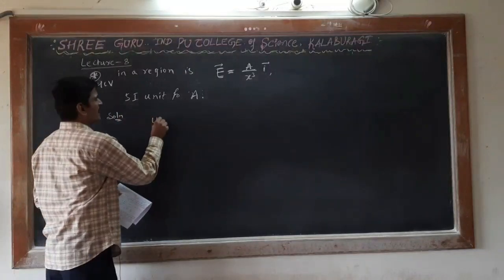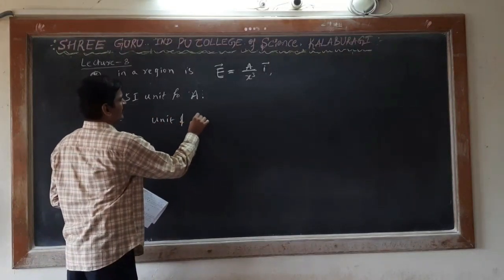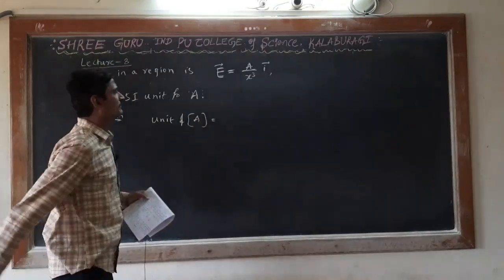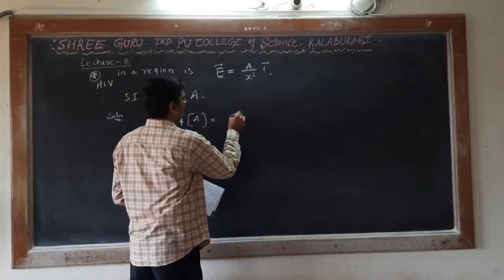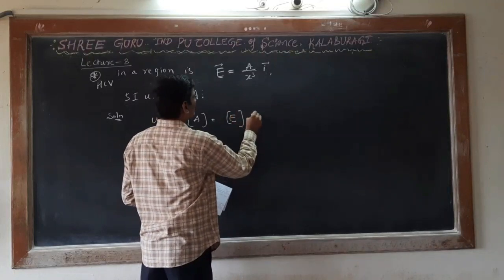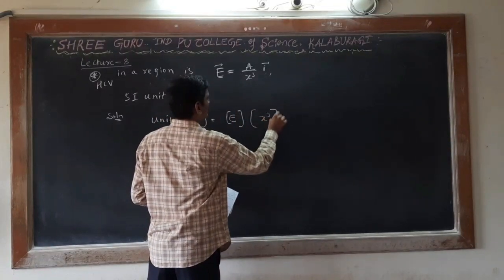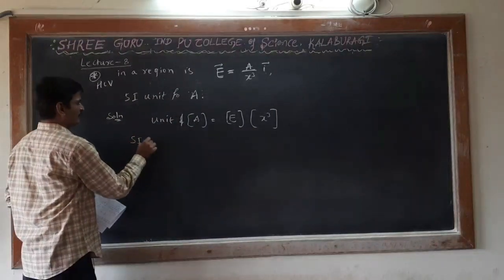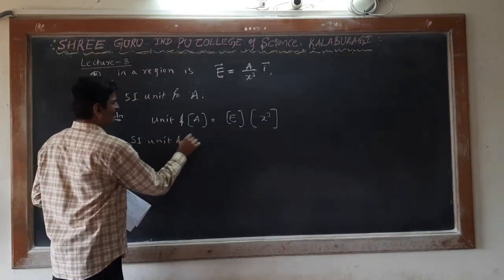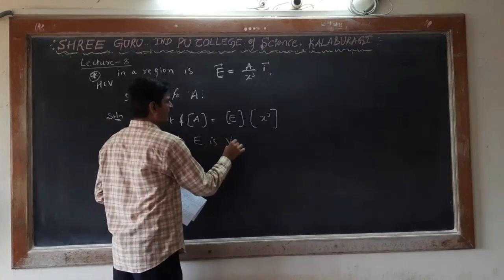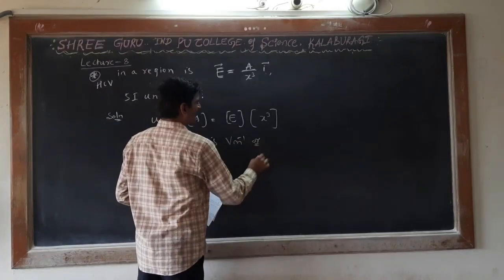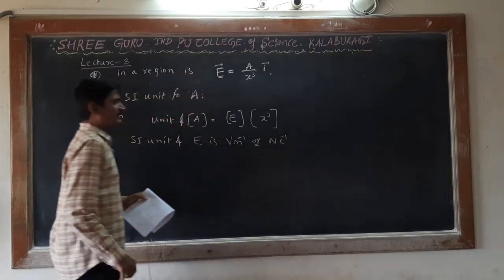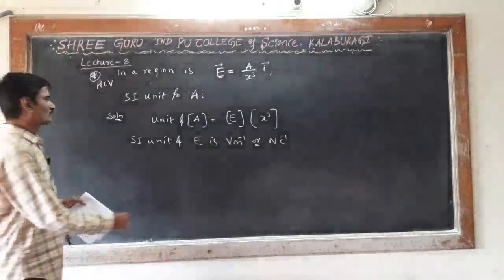So the unit of A is equal to the unit of E into the unit of x cube. The SI unit of electric field intensity is volt per meter or Newton per coulomb.